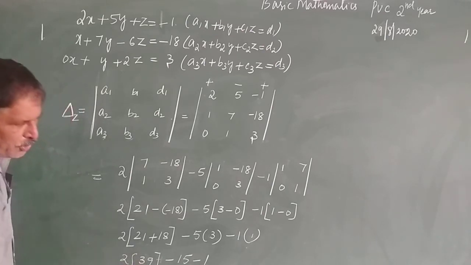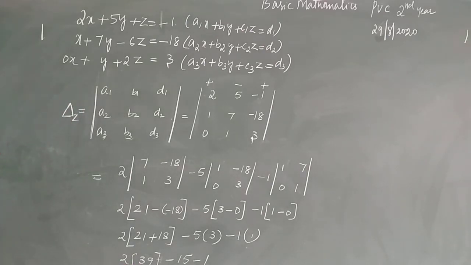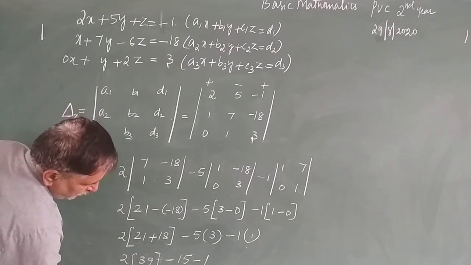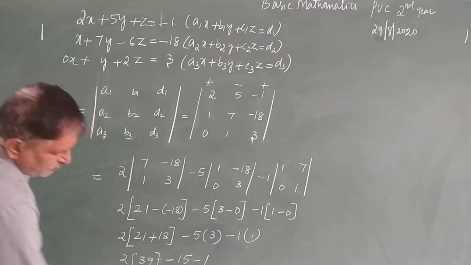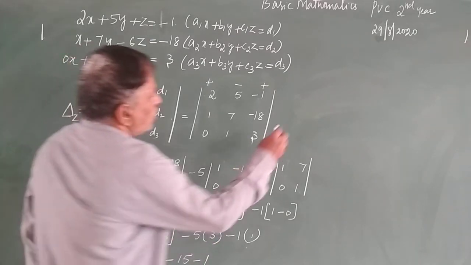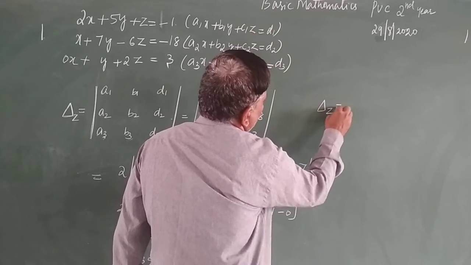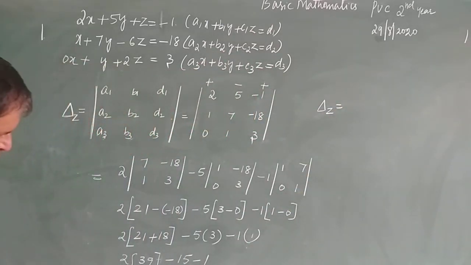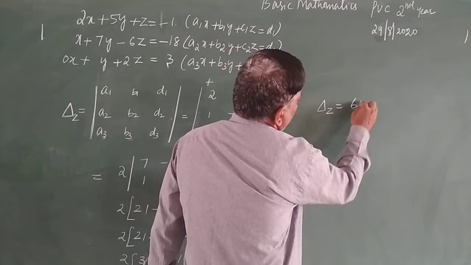So 39 into 2, how much is it? Is it 78? 78 minus 16. So delta z is equal to 78 minus 16, you get 62.